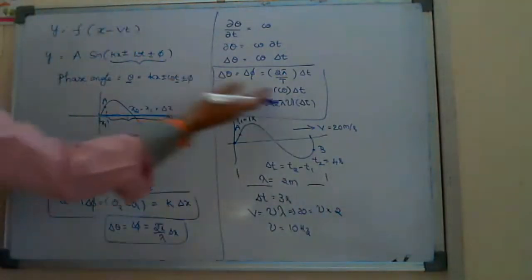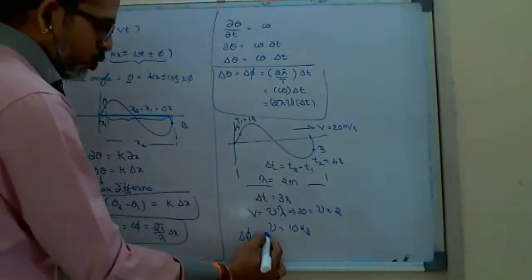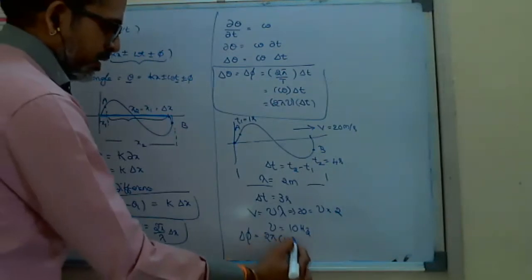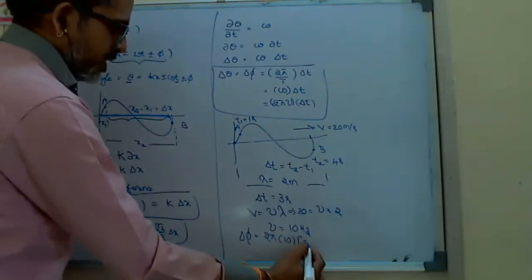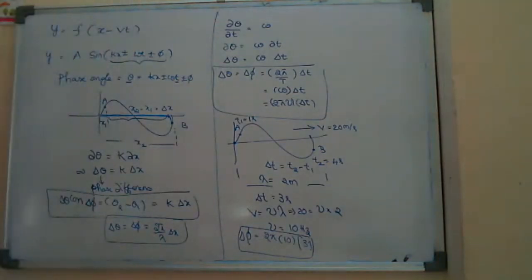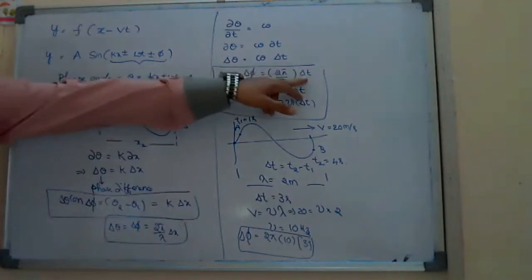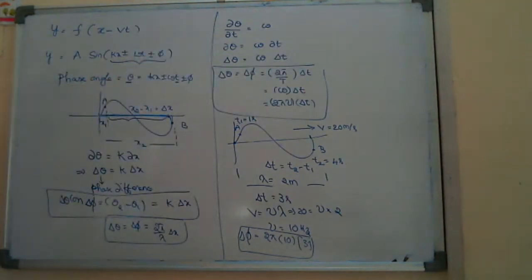Then you can use the equation delta phi equals 2 pi mu into delta t, with mu as 10, and from this you can find the phase difference. This is one more model. While solving numericals, you require the relation between phase difference and path difference, and phase difference and time difference. These are two models.